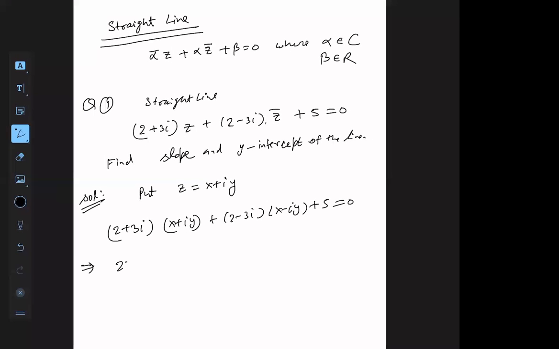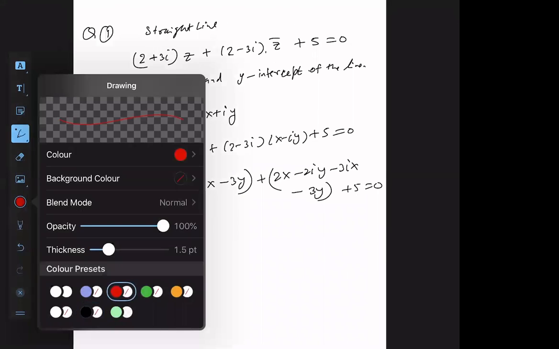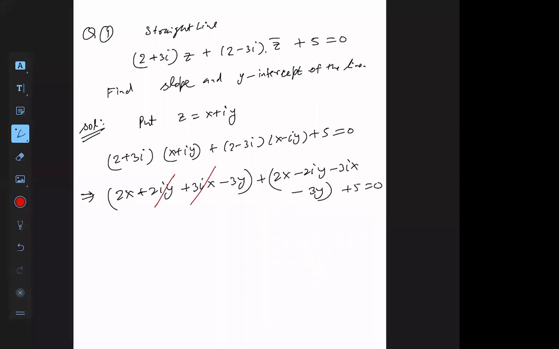Now multiply it: 2x minus 2iy minus 3ix minus 3y plus 5 equal to 0. You just have to multiply. These two terms automatically cancel out, so I am getting 4x minus 6y plus 5 equal to 0. So this is the equation of a straight line.